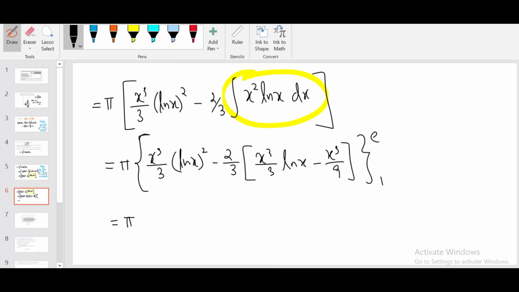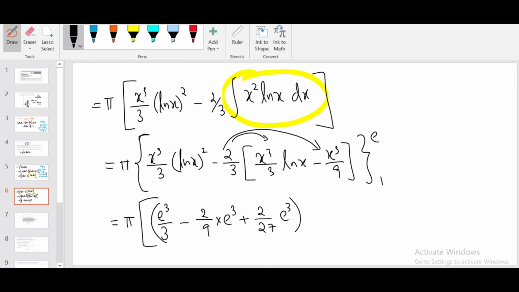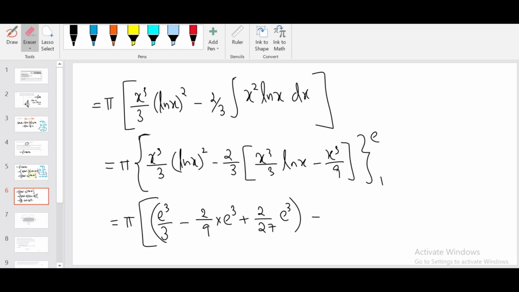When I sub in the upper limit now, replace x by e. So it's going to be e cube over 3 ln e is 1, so 1 square is 1, minus, if you multiply these two, it's 2 over 9 e cube ln e is 1, and negative times negative is positive 2 over 27 e cube, that's the upper limit, minus, when you replace x by 1 now, ln 1 is 0, so this becomes 0, this becomes 0.